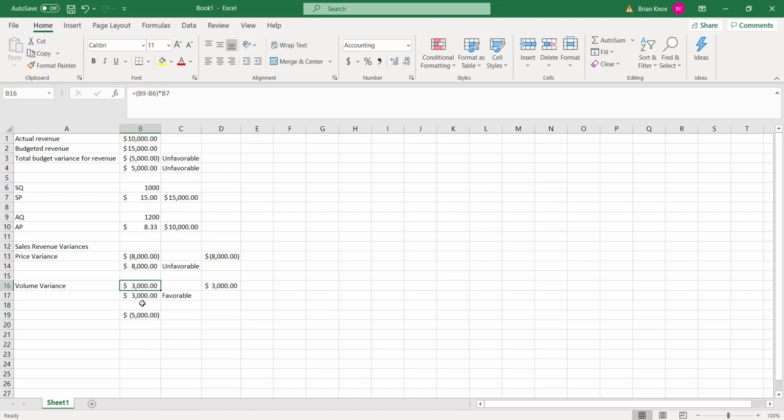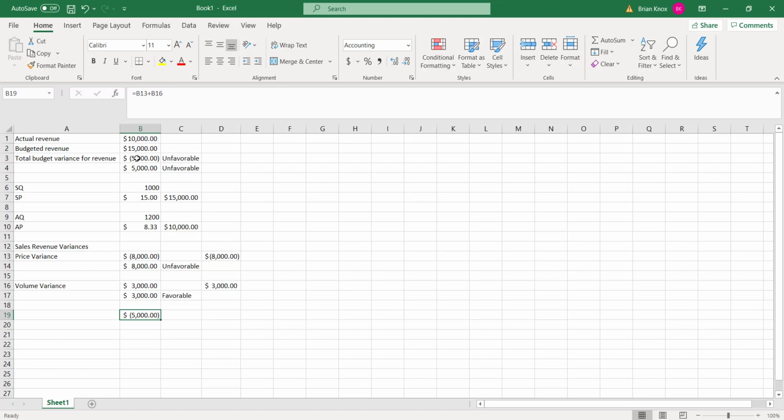So we have higher volume, but lower prices. Perhaps we have suffered some sort of quality setback, some sort of bad news in terms of quality, like some sort of viral video of our product breaking. I don't know. Perhaps the price that we were able to sell it for went way down. We were able to get a little bit more volume, but didn't make up enough. And we overall had a bad total budget variance for our revenue.